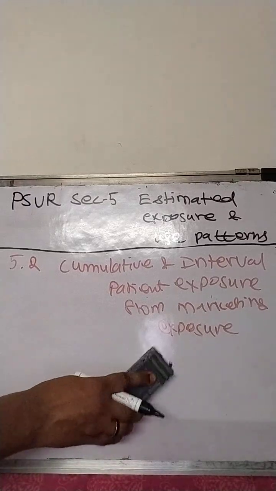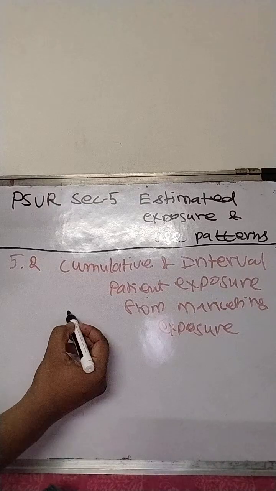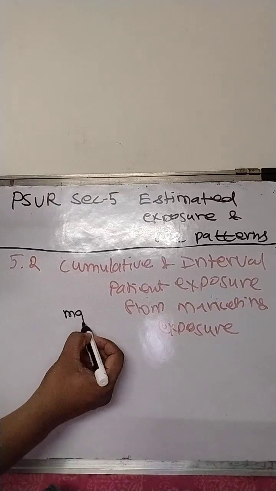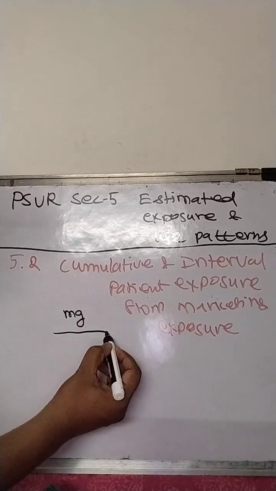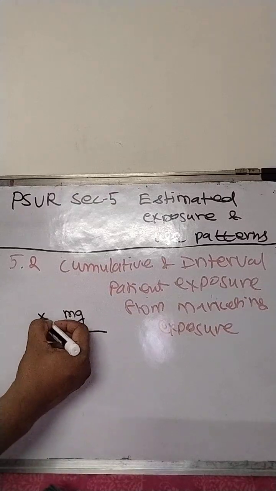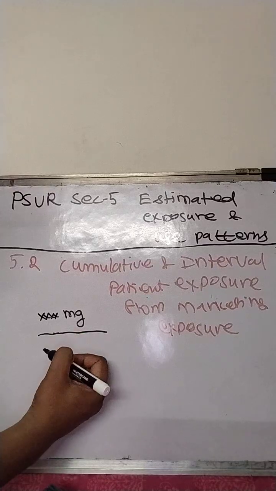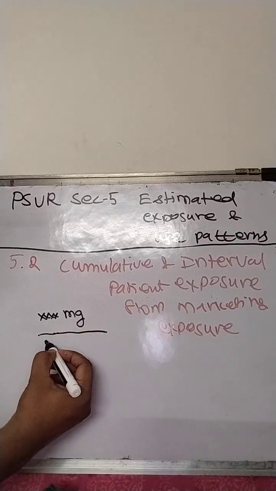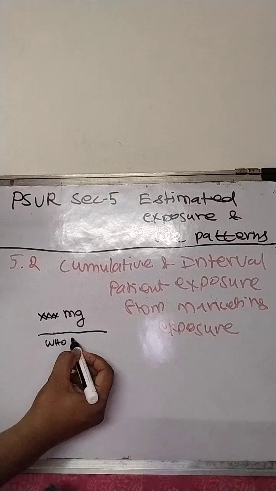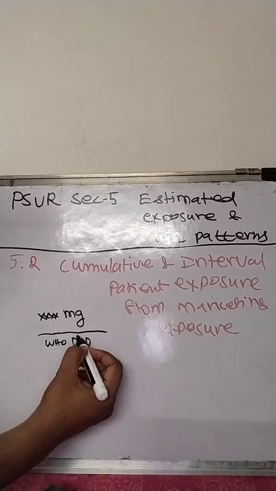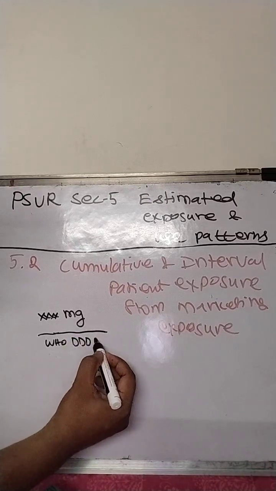Take how many milligrams you have sold during your review period. This much milligram was sold during this period, and you can check the WHO defined daily dose. This should also be in the same unit.